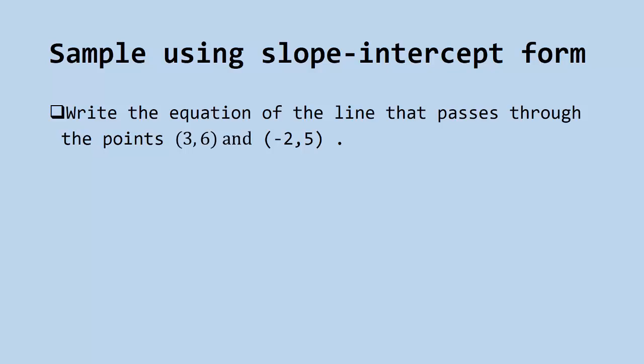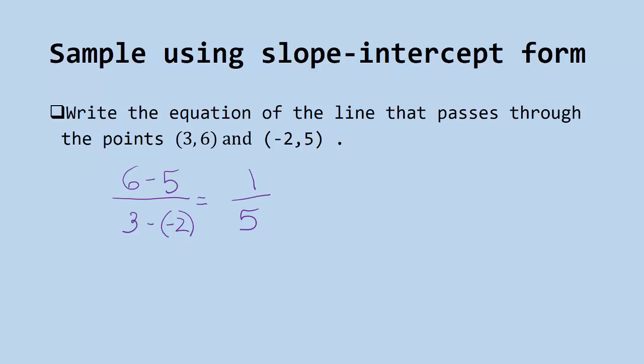So I'm going to start by taking 6 minus 5, so there's my difference in y, over 3 minus, now watch out here, that's minus -2. So as I simplify this, I get 6 minus 5 is 1, and 3 minus -2, which becomes 3 plus 2, is 5. So my slope in this instance happens to be 1/5.